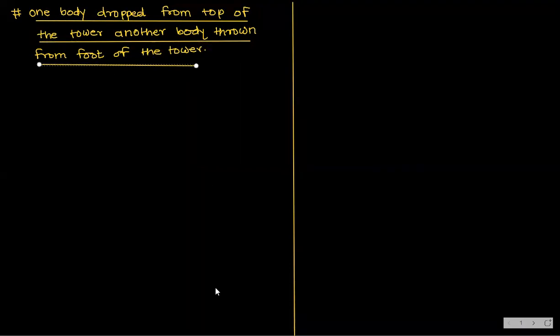Now we are going to find distances covered when the velocity is the same. Okay, so let's see how it is. Now this is our tower as usual, and one body which we have thrown from the top of the tower is denoted with pink color.